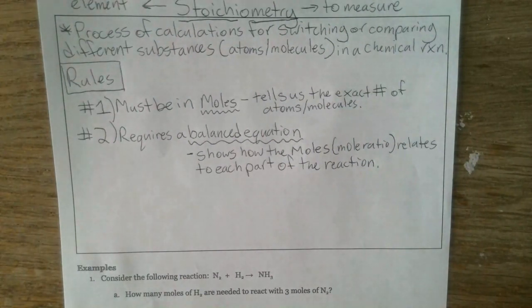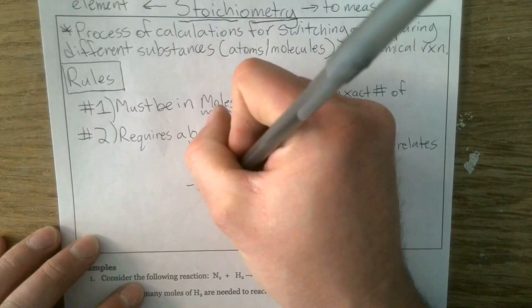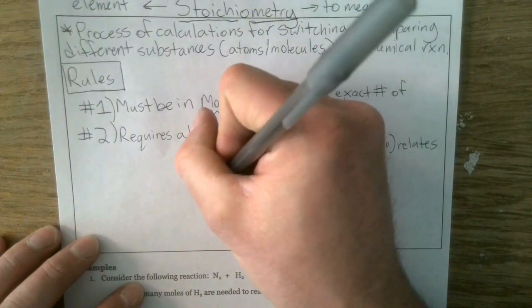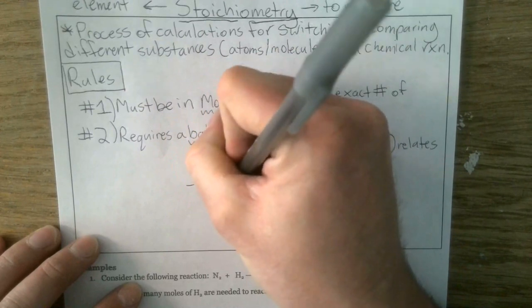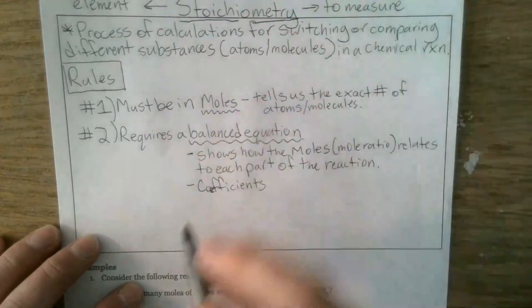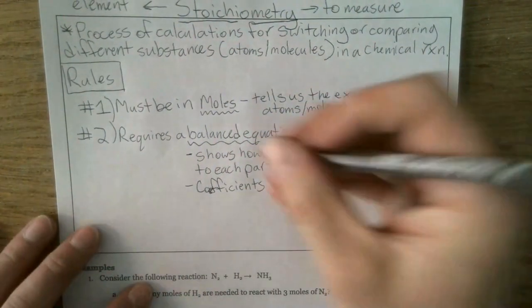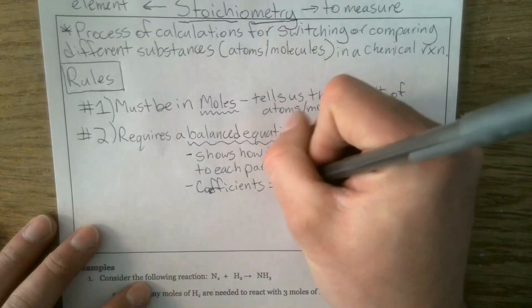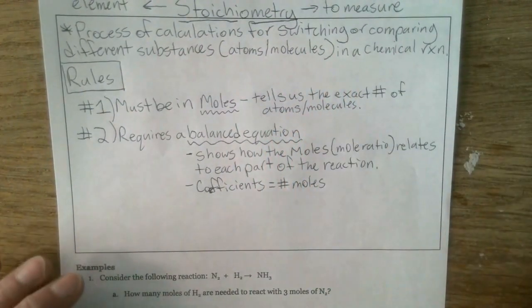Okay, so again, the coefficients, those numbers. So the coefficients are going to equal the number of moles of each particular substance.